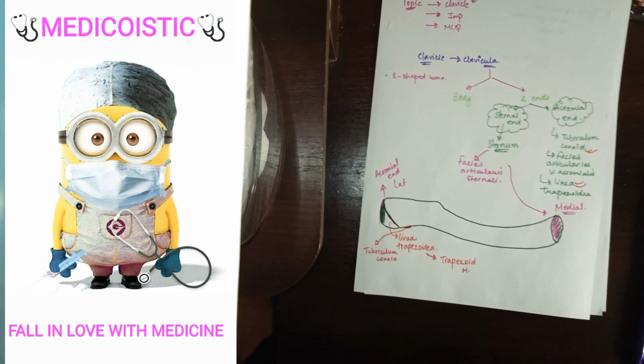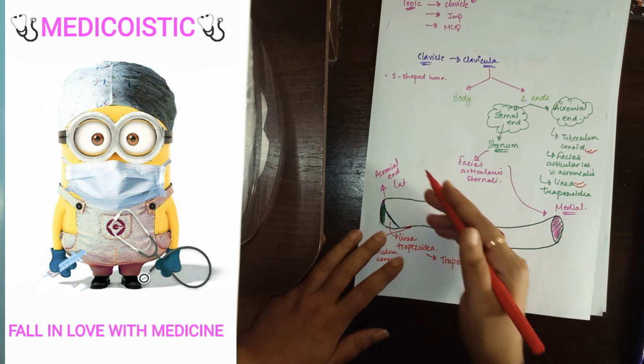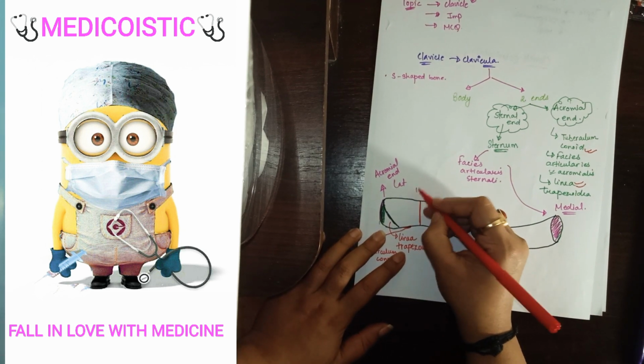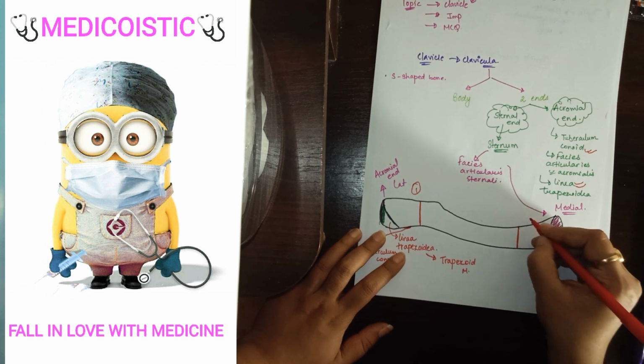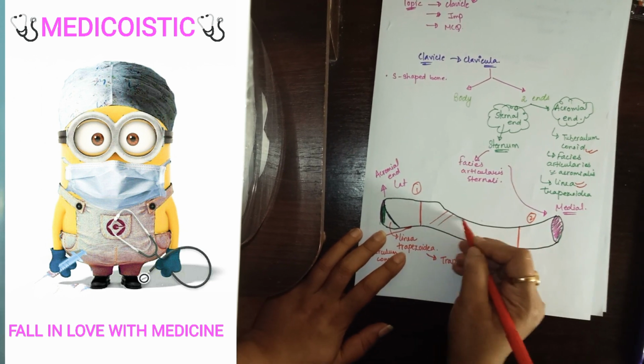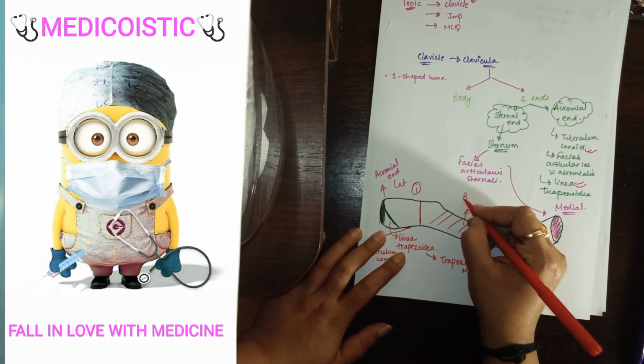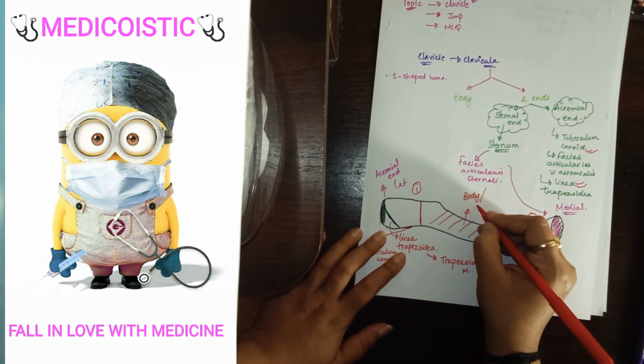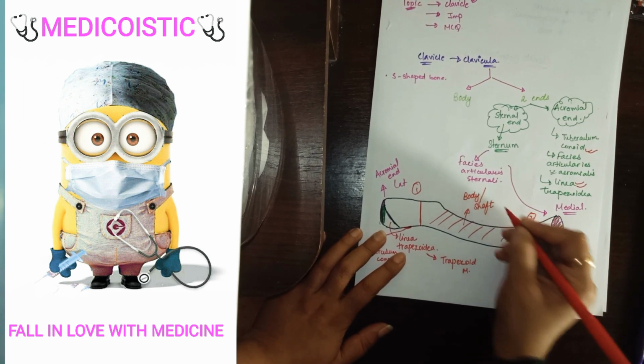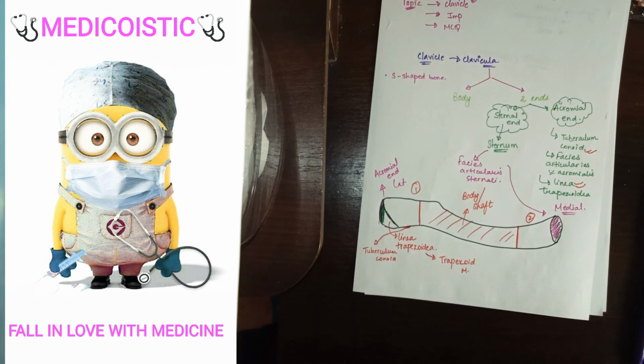Okay, you can see here that these are the two ends, right? One end and the second end. The remaining area is known as the body, or you can say shaft. Shaft also means body.